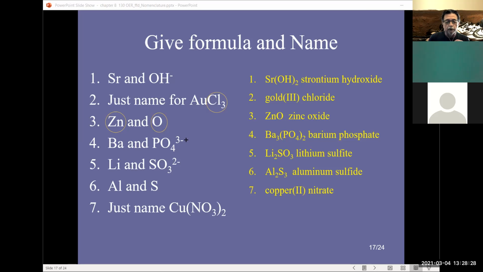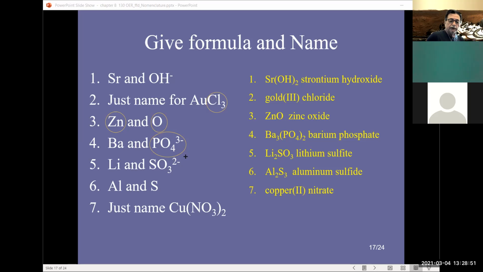Next one, number 4. We have barium and we have the PO4 -3 polyatomic ion. Okay. Send you to the periodic table, look up PO4. Guess what? Its name is phosphate. Okay. And it's got a -3 charge. Now, barium.